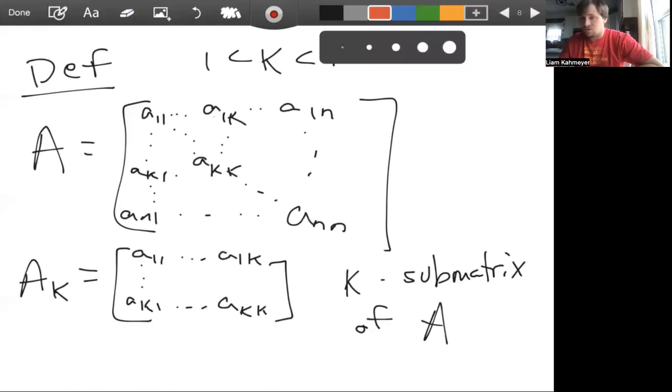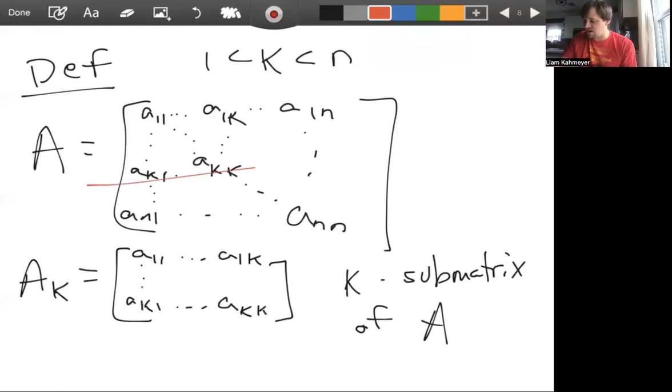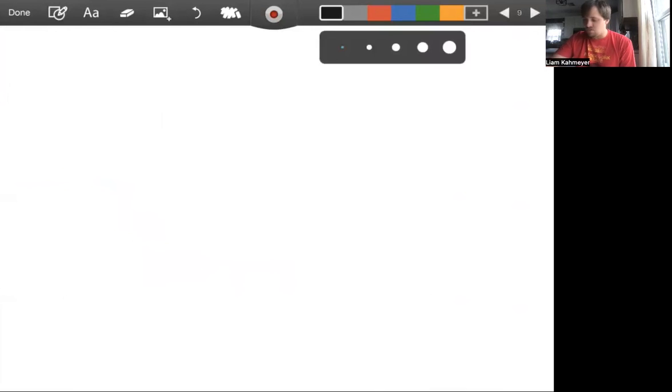And so basically what you're doing is you're taking a K by K square matrix that starts in the top left entry, and then you cut everything else off. So the K plus 1 rows and columns all the way through the nth rows and columns, you just remove those. How do these relate to positive definite matrices?